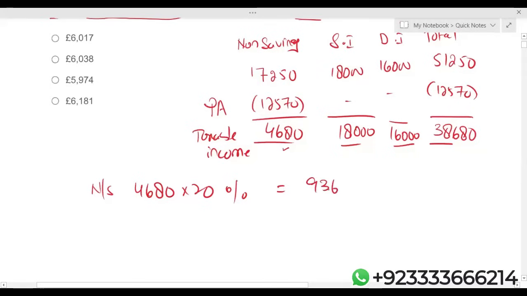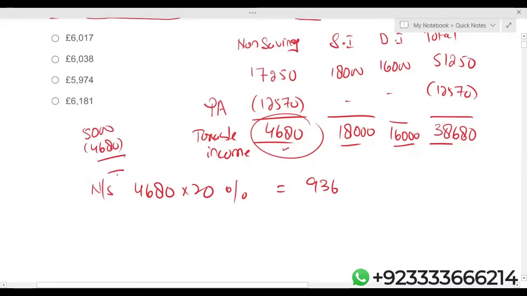Now, please listen carefully. Look at the taxable amount in the column of non-saving. It is 4,680. It is less than 5,000 pounds. As it is less than 5,000 pounds, it means there is a space in the starting rate band. For saving income, we do have a starting rate band where the applicable income tax rate is 0%. But out of 5,000, logically 4,680 is consumed by the non-saving income.